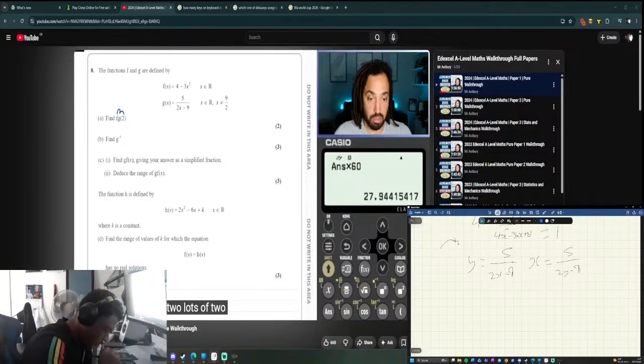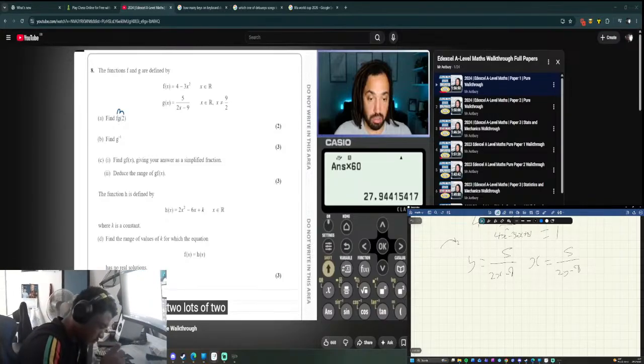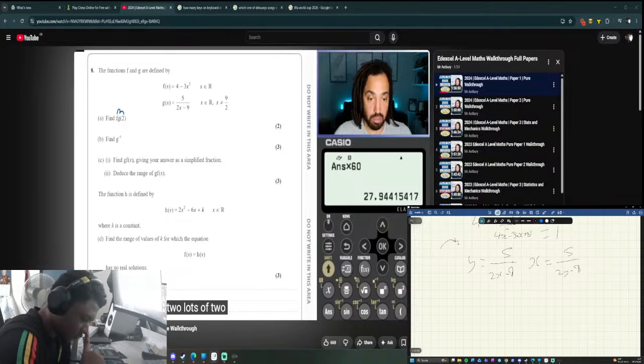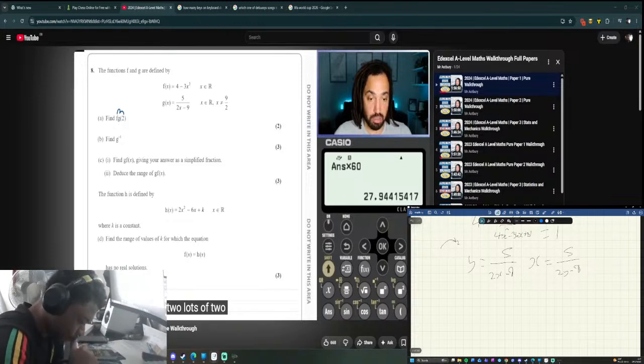how should I approach this? We can do 2y minus 9 equals 5 over x.